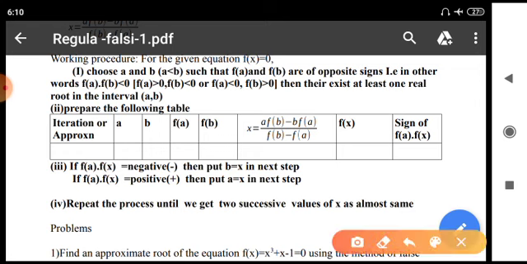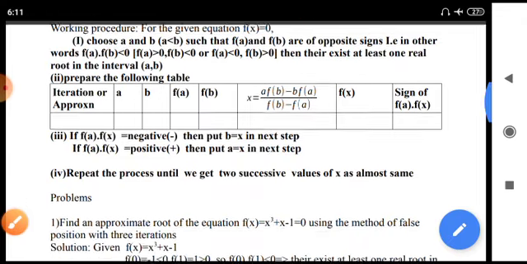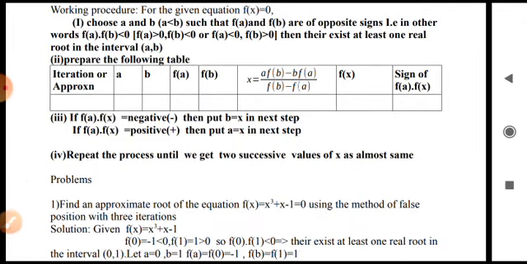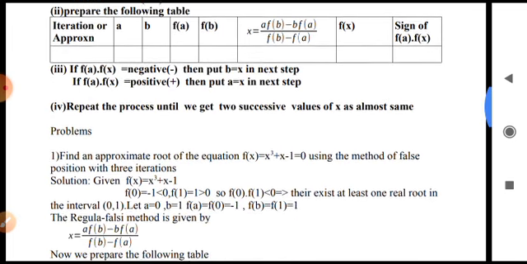So this is very important. I will repeat again. If the product of f of a into f of x is negative, then we have to write the x value in the column b. If the product of f of a into f of x is positive, then we have to write the x value in the column a. So we have to repeat the process until we get two successive values of x that are almost the same.